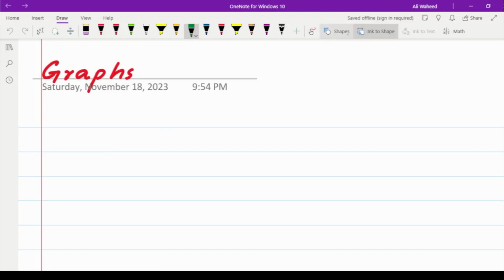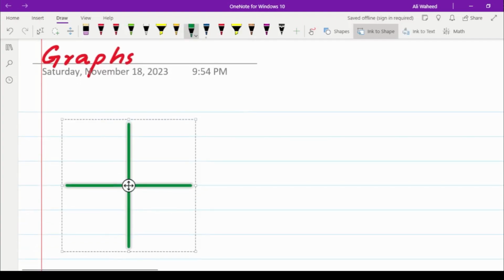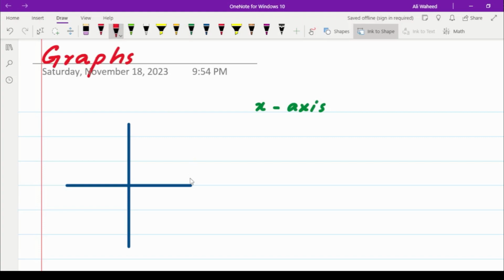So if you draw any graph, for example, I'm going to draw this one, then there are 4 pieces of information that you can get from any kind of graph. The first one is what you have on the x-axis. Alright, so I'm just adding a specific example in this one.